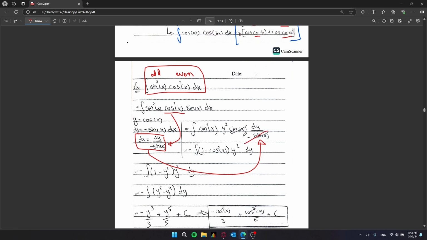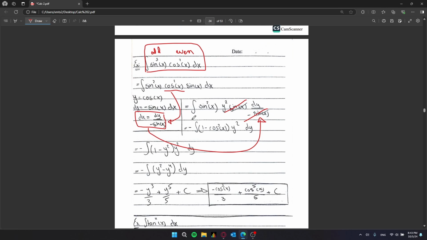You are crossing out sine with sine. Now you use a trigonometric identity here. We know that sine squared plus cosine squared is equal to 1. So since we have sine squared here, we can just take this term and throw it to the other side to give us 1 minus cosine squared of x. Why are we doing this? You will see why in just a moment.